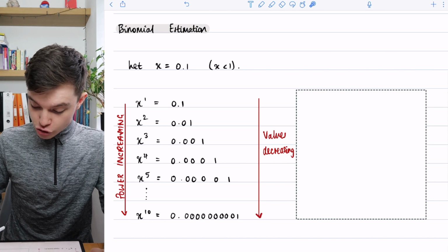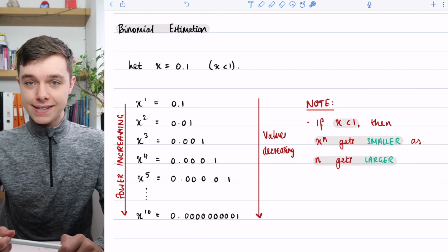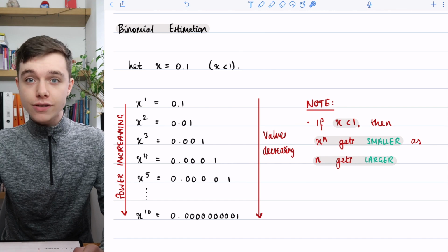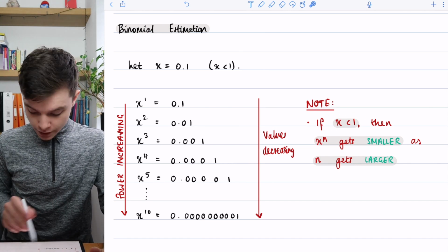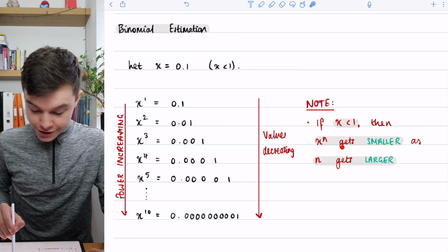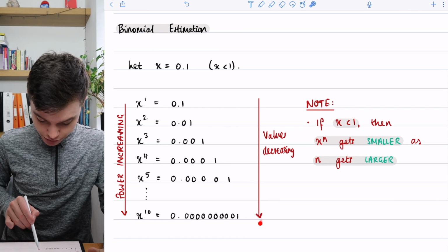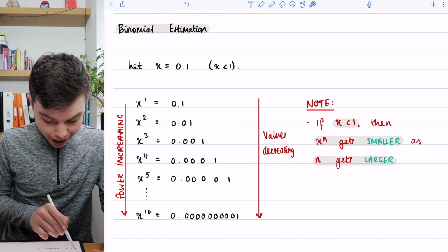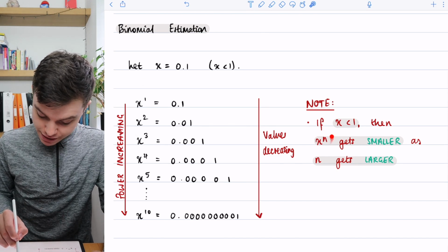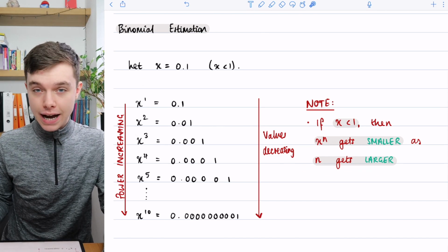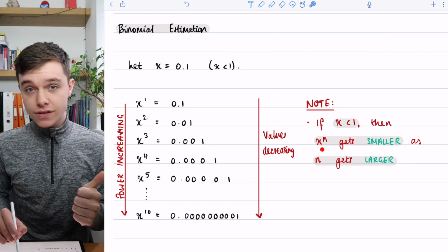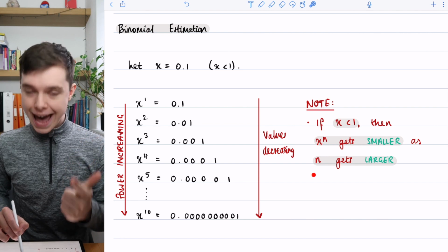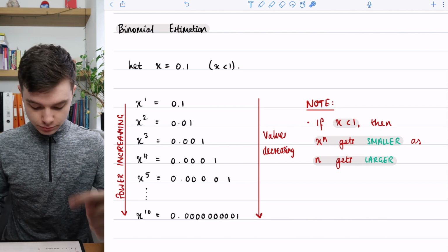So this is the summary that we can take from what we've just done. If x is less than 1, then x to the n gets smaller as n gets larger.